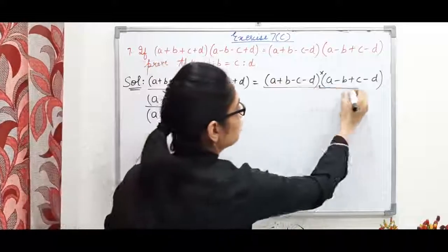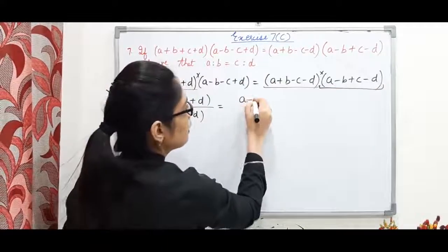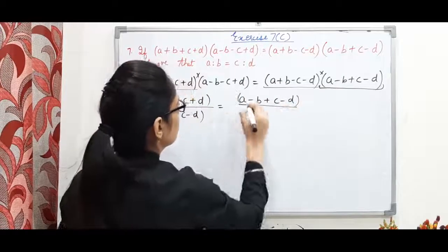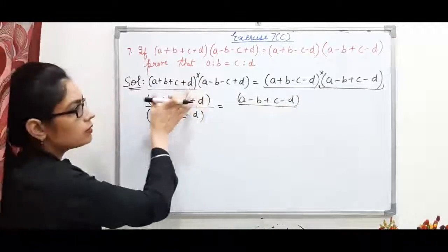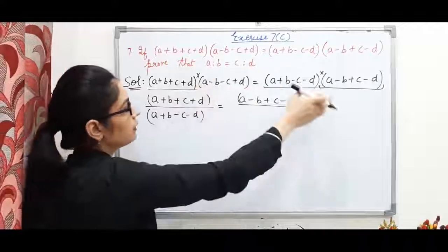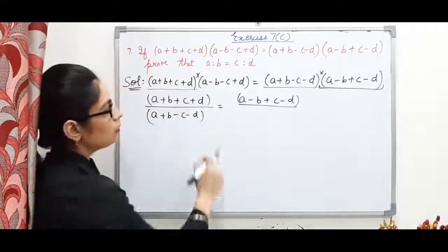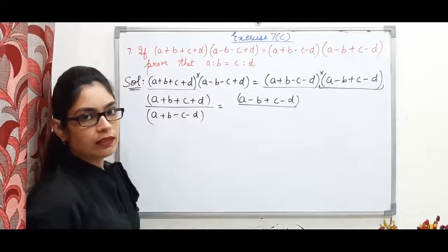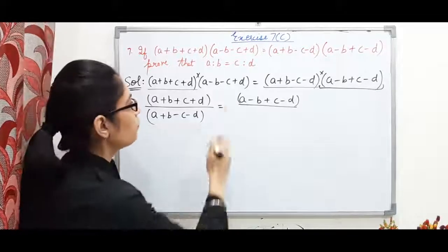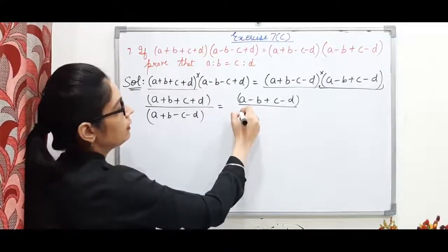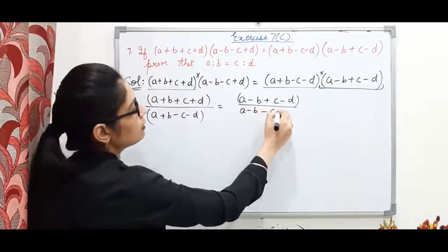Now this term is remaining, so I will write here a minus b plus c minus d. From this side I have already used this term, so now this term I have to shift to the other side. This is also a minus b, a minus b. So this similarity I have seen and accordingly I am shifting. It's getting multiplied, so on changing the side it will get divided, a minus b minus c plus d.